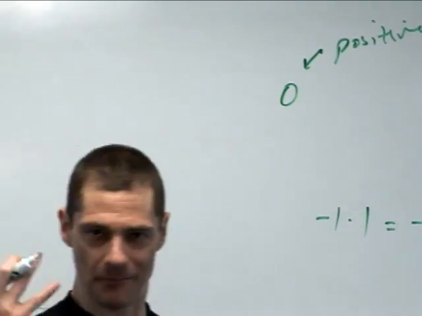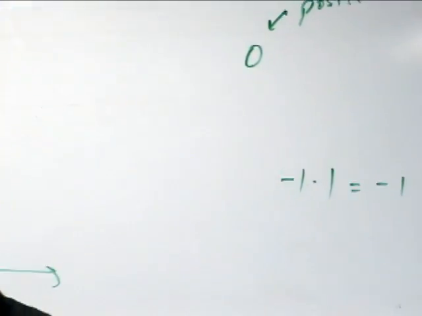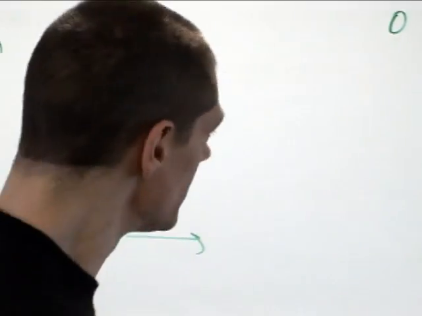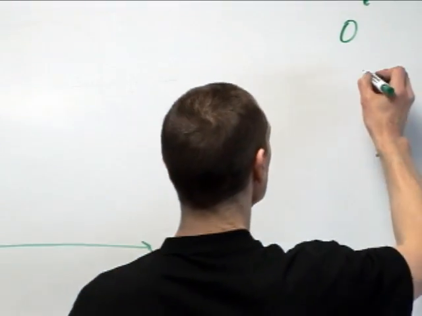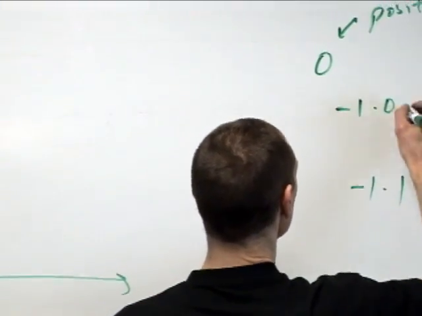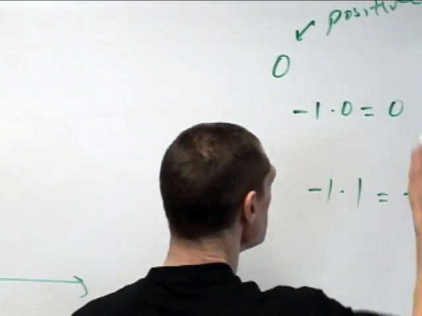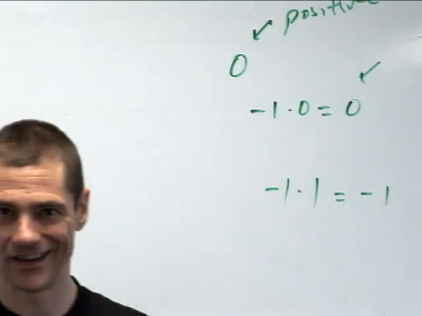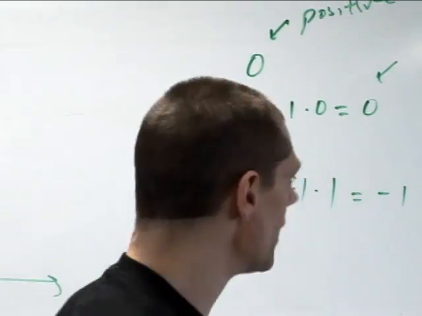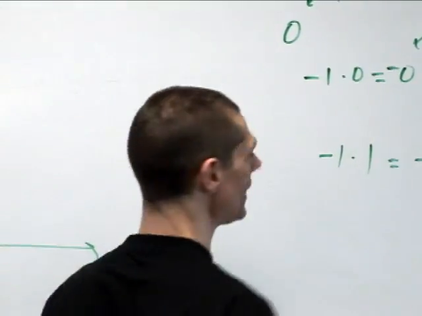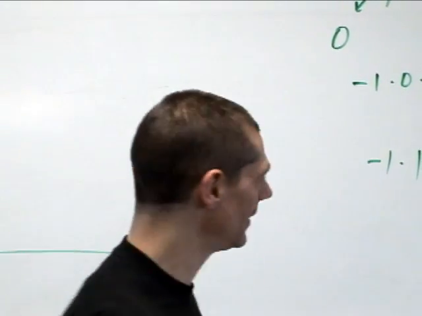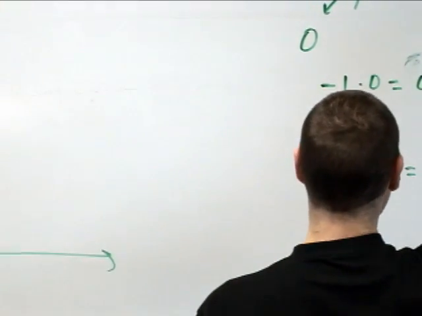If you multiply a positive number by a negative number, you get a negative number. So if this is positive, then negative 1 times 0 has to be negative. But negative 1 times 0 is 0, and we said it was positive. Or I suppose you could say negative 0, but negative 0 is the same thing as 0, right? So it's not positive.